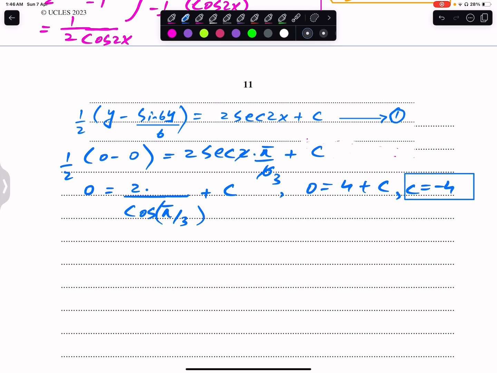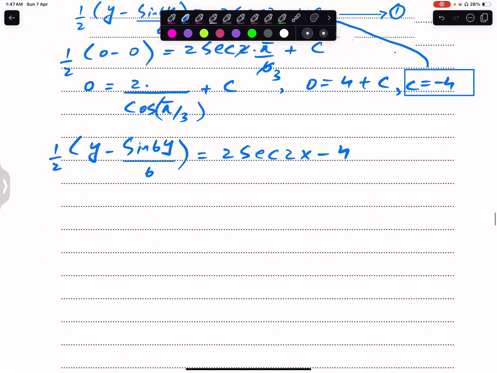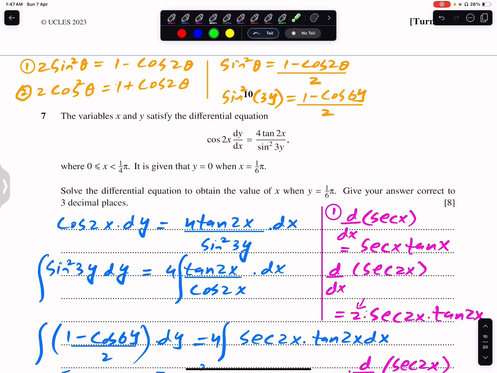Now use this value of c here. You will write 1 over 2 times y minus sine 6y divided by 6 is equal to 2 sec 2x minus 4. And now they were asking us to obtain the value of x when y is equal to pi by 6.